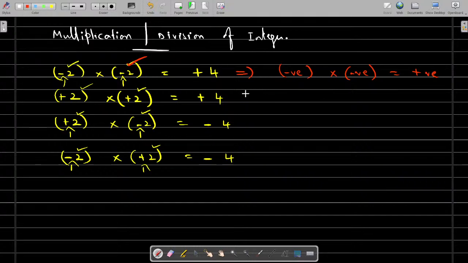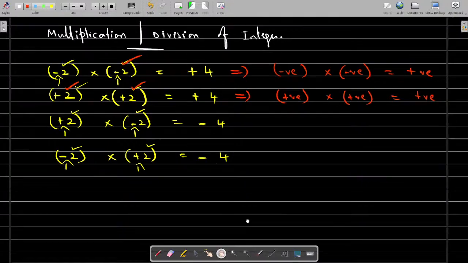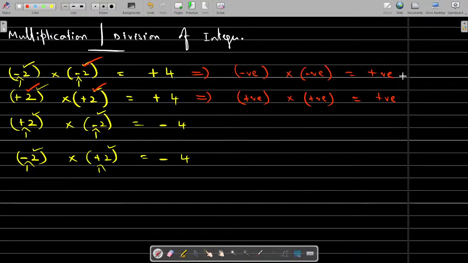And a positive sign into a positive sign, what will I get here? A positive value. What do you understand from this? If both the signs are the same, then the value will have a positive sign.